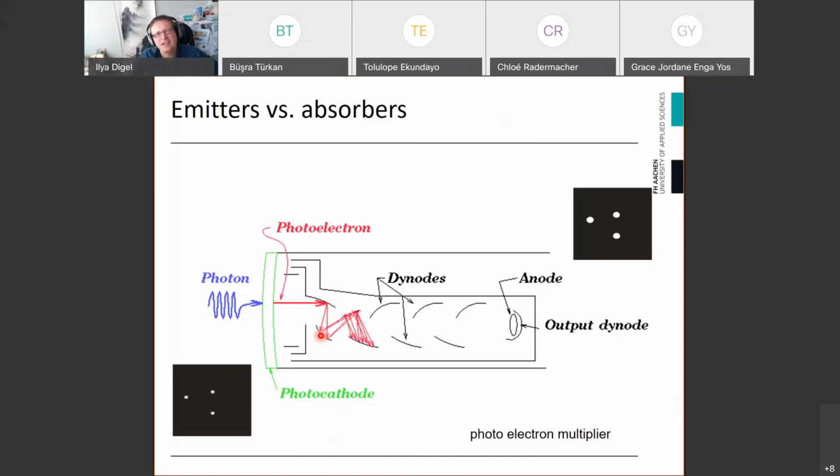Here it hits the target again, but this time it has so much kinetic energy that it knocks out two electrons, and now two electrons will be accelerated to the next target where they hit it, and they now have a lot of kinetic energy to emit more and more and more electrons, so that in the end you have 10,000 times more electrons. And then in the output from one single photon you get tens of thousands of electrons, and when you convert them back to photons, which is quite easy actually, you have a lot of signal, and this is what I tried to show here.